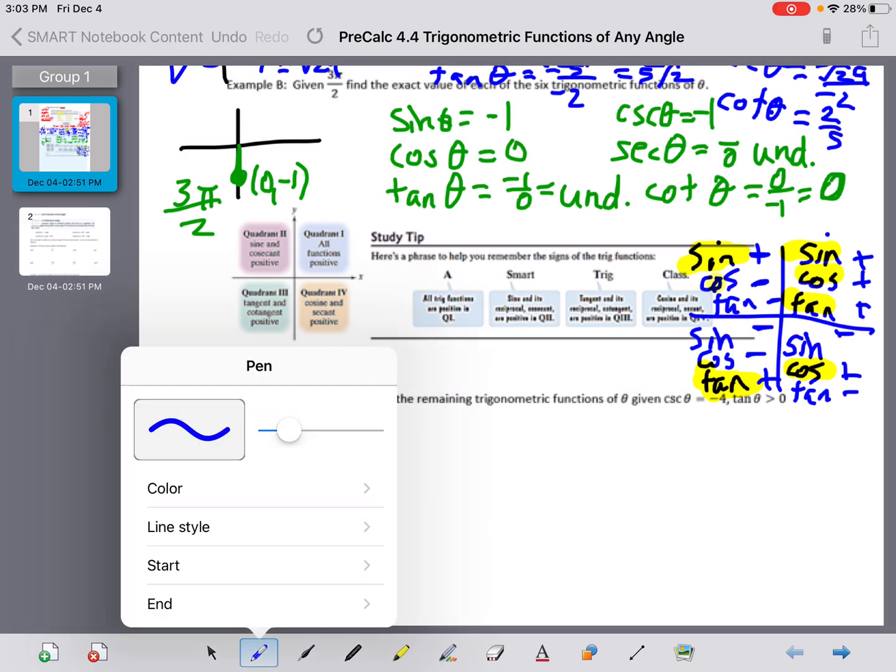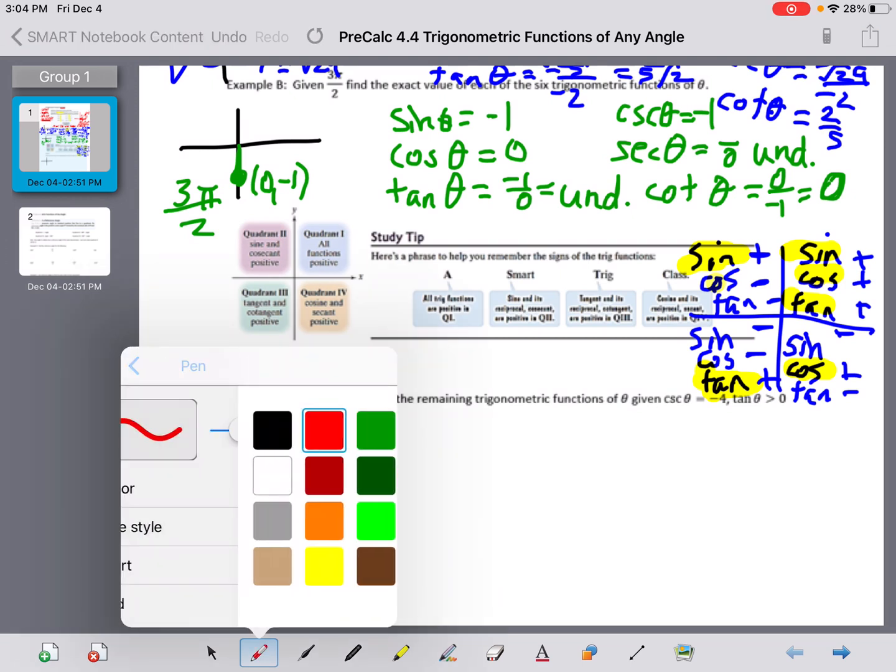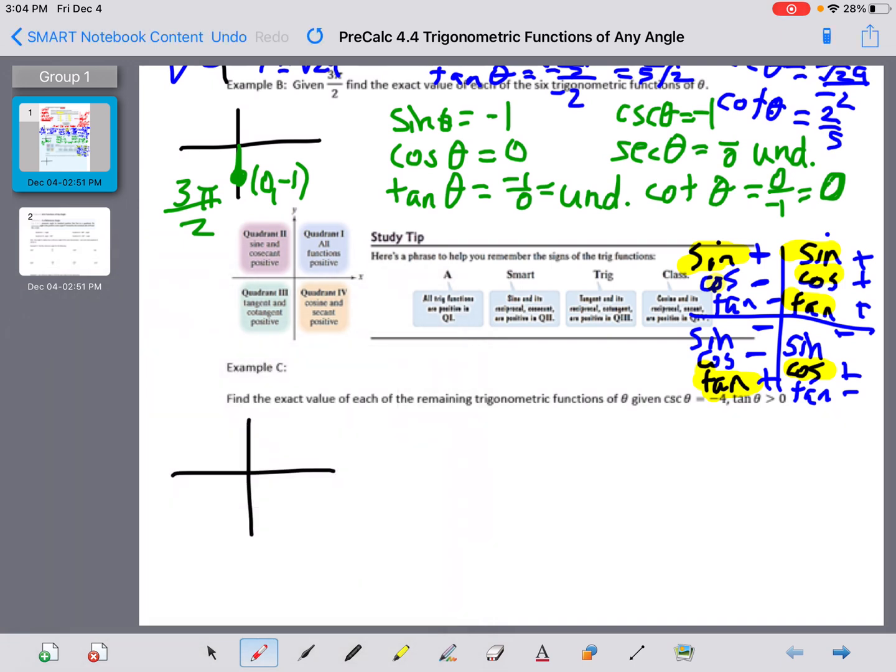Okay, here's what you need to start with on a problem like this. Where are we on our coordinate plane? That is the key to starting these problems. So start with simple signs. Cosecant is negative. The tangent is bigger than 0, so the tangent is positive. In which quadrant do we have a positive tangent and a negative cosecant?